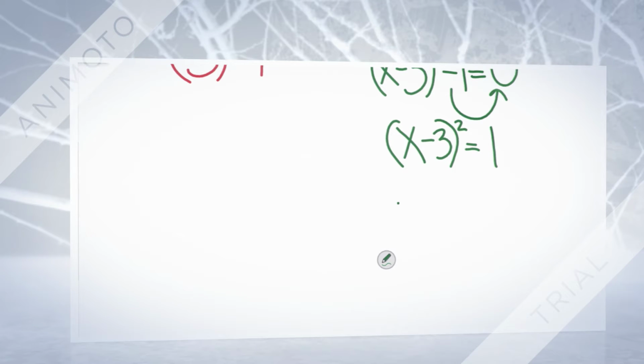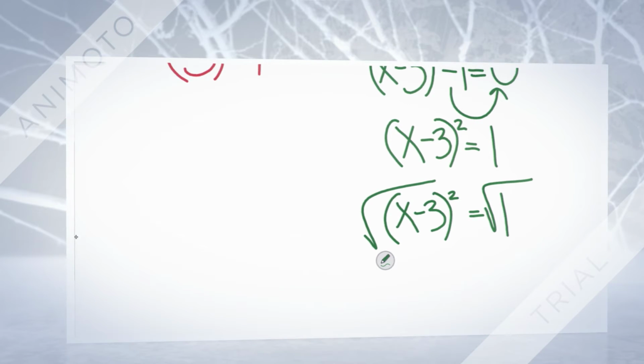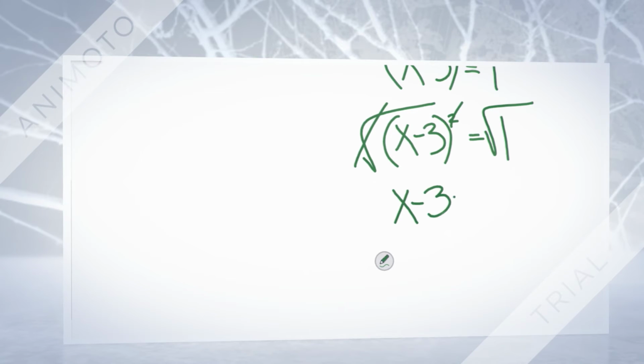So we are going to take the square root of both sides to get rid of that square with that x minus 3. So that square and that square root cancel out. So we're left with x minus 3 equals plus or minus the square root of 1.